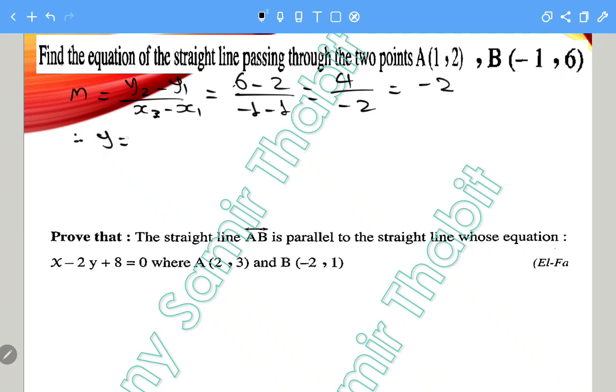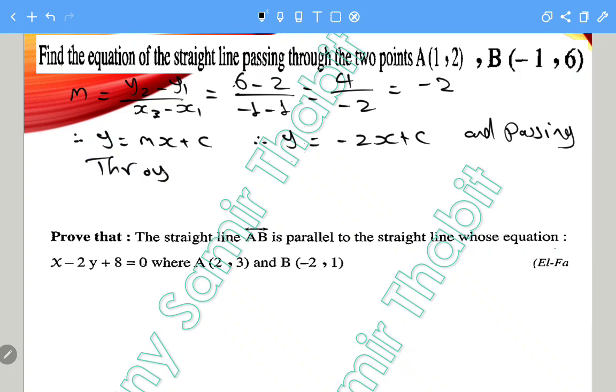Then y equals mx plus c, then y equals negative 2x plus c. And passing through any point of them. What is the point? Any one, (1, 2), (negative 1, 6), any one of them.